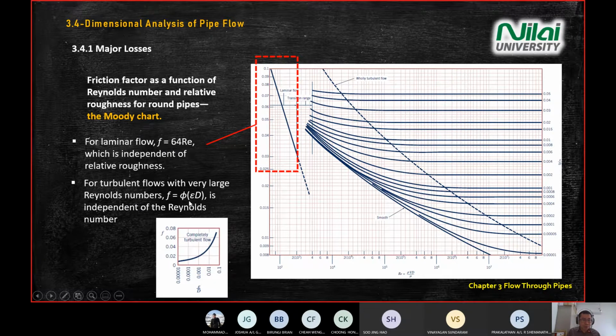And for turbulent flow, when you have a large turbulent flow, it is independent of Reynolds number, meaning in this region it is wholly turbulent. So it doesn't matter what value your Reynolds number is, it will be turbulent flow.